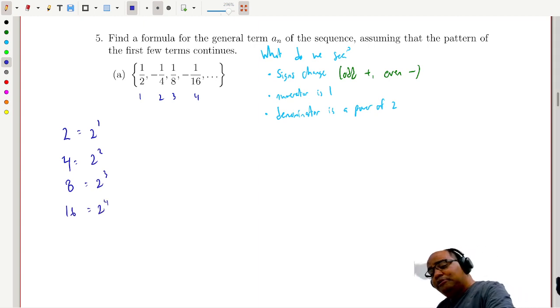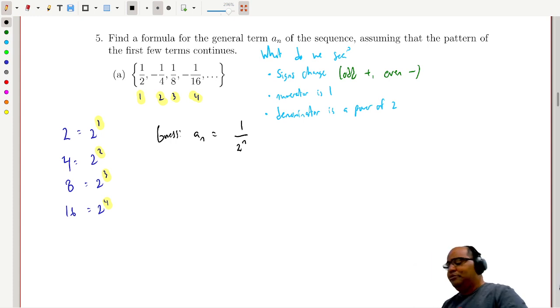Okay, so it looks like here, these term numbers are going to be my exponents. Okay, so maybe we can guess. Let's write down what a guess is here. An is going to be 1 over 2 to the n.